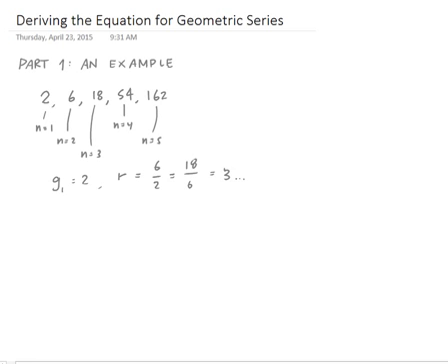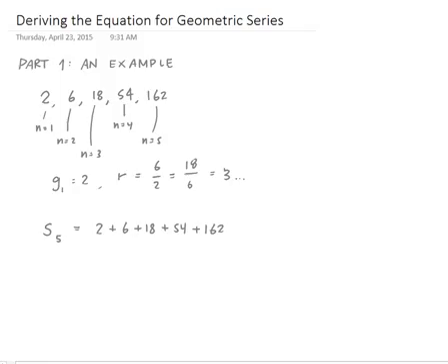Okay, let's take a look at this for a geometric series. In a geometric series, we're going to add this up. So let's define this as S5. S tells me I've got a summation going on, and 5 means I'm adding up 1, 2, 3, 4, 5 terms. So S5 here is going to equal 2 plus 6 plus 18 plus 54 plus 162.